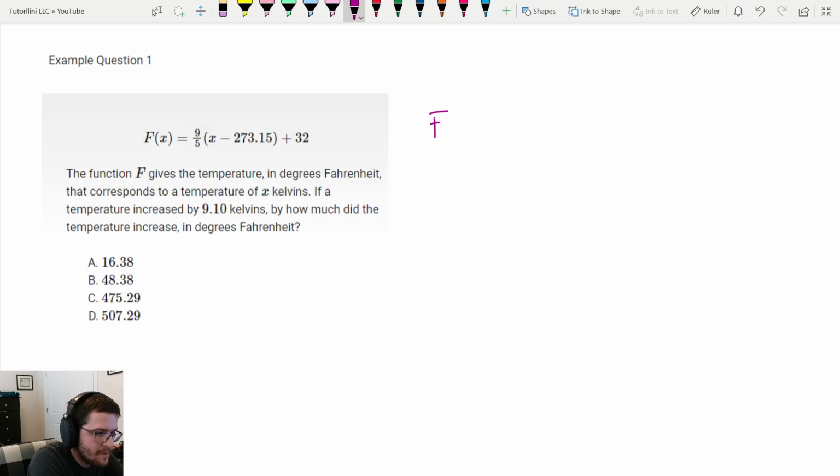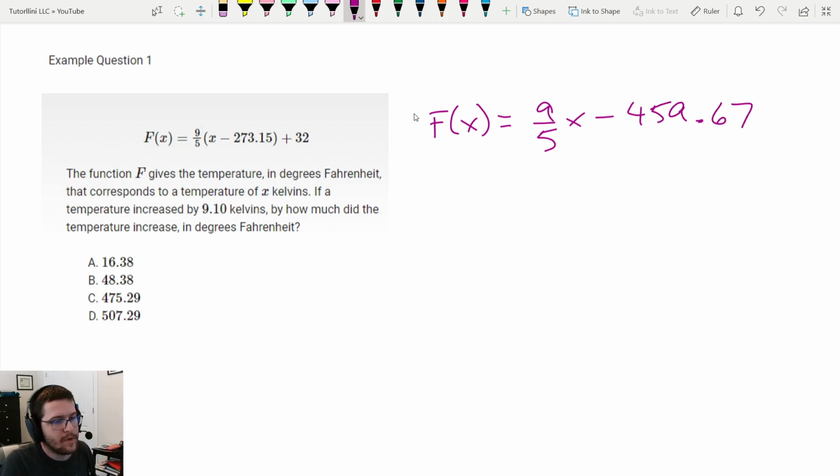If you go and distribute this, you get 9/5 x. Let's see, what's 9/5 times 273.15? So you get negative 491.67, and then if you add the 32, you get minus 459.67.